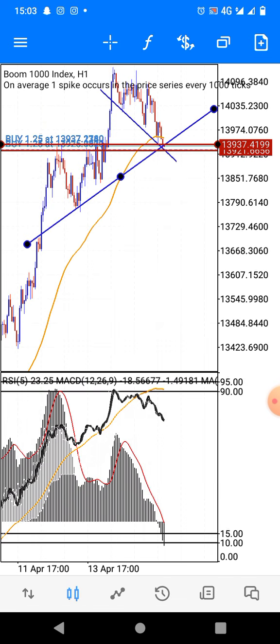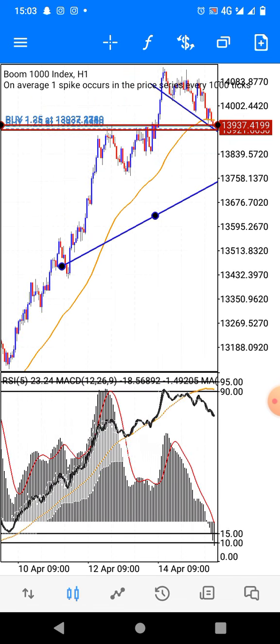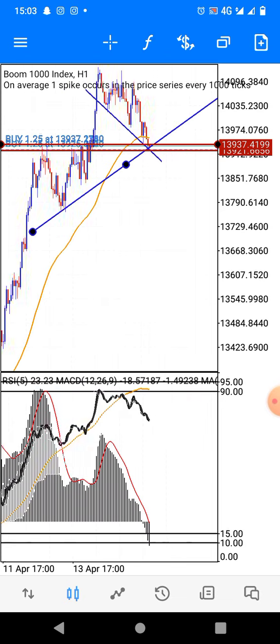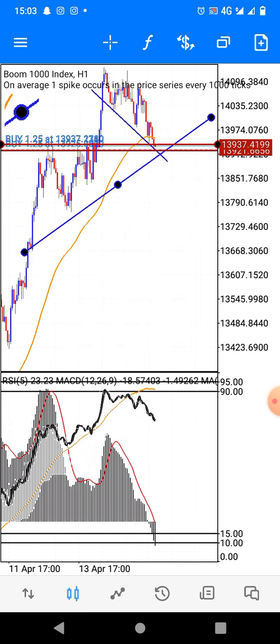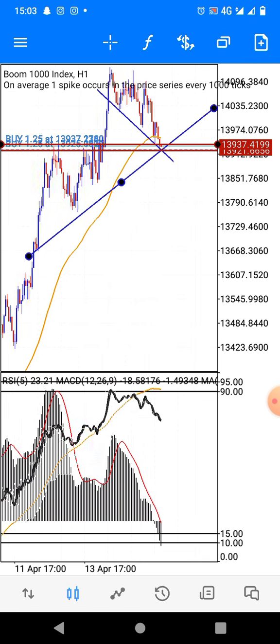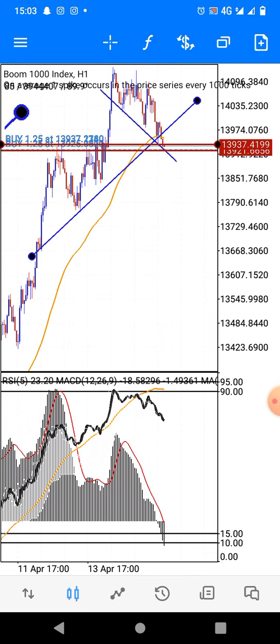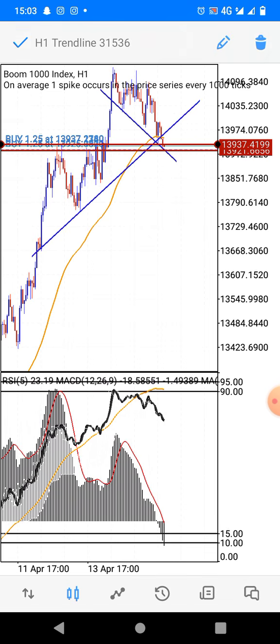So based on that, let me just try to reevaluate this. If I draw my trend line, you can see that it's actually bouncing off, guys. So I'm still within this area of the trend line. I haven't broken out yet.